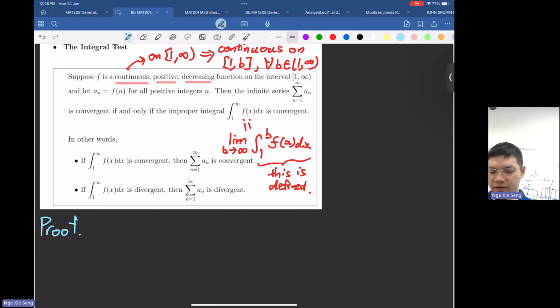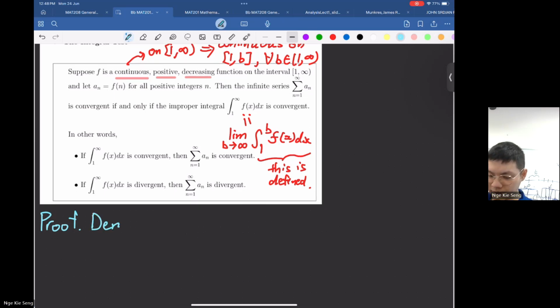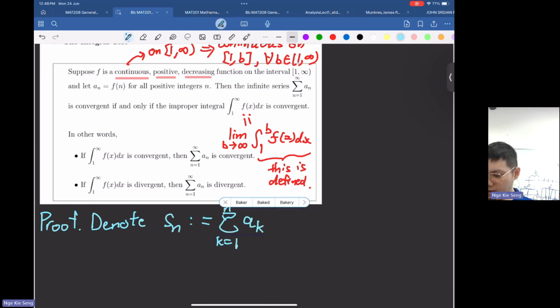So we will denote s_n, in this case I call it a_k, to be the sum of k equals 1 to n of f_k.